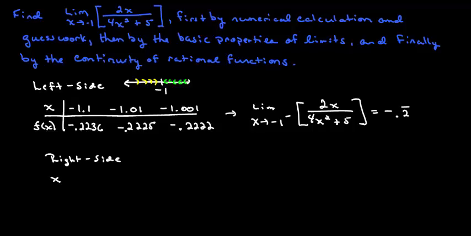Okay, now if we're coming in from the right side, we could go from like 1.1 to 1.01 to 1.001. Now, I just arbitrarily picked these. You could pick other values, but you want to keep getting closer and closer to the value of negative 1. Whoops. That's right, negative 1. I need to change those.